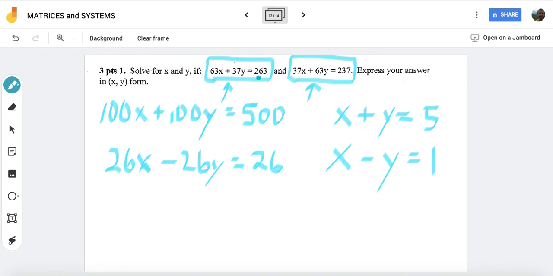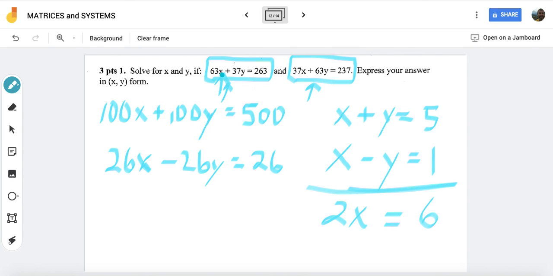And now, after adding the two and subtracting the two, we have these two equations, and these are nicely set up for addition. Add these two equations together and you get 2x. The y's cancel out. 2x equals 6. Therefore, x equals 3. They want us to express the answer in xy form, so x equals 3. I still got to plug 3 into this.